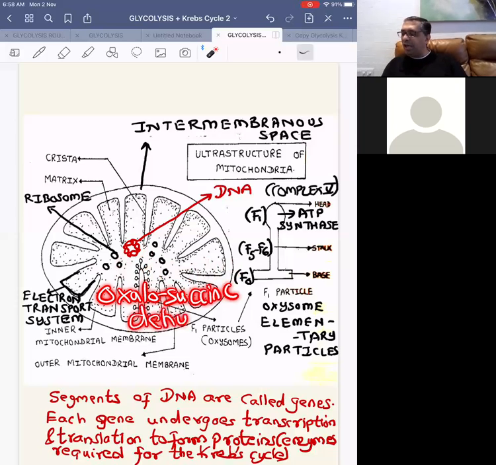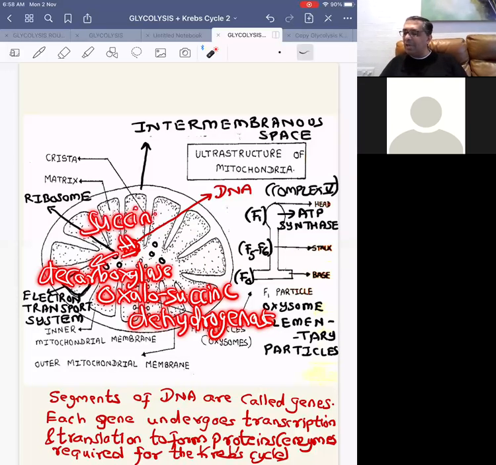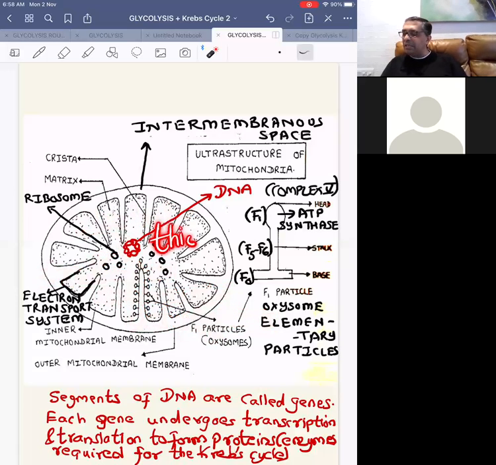And some other gene will form an enzyme called decarboxylase, and some other gene will form succinyl thiokinase, and some other gene will form an enzyme called fumarase, and some other gene will form an enzyme called malate dehydrogenase.